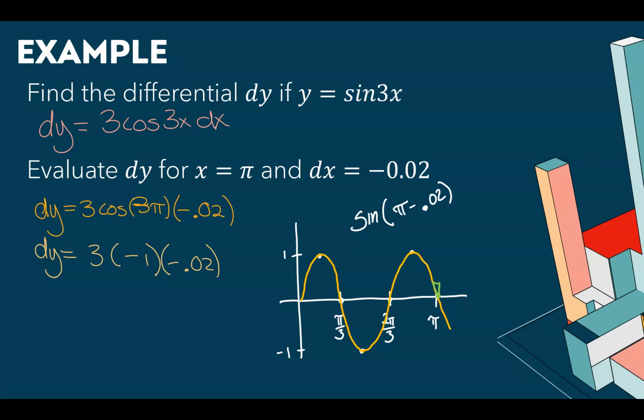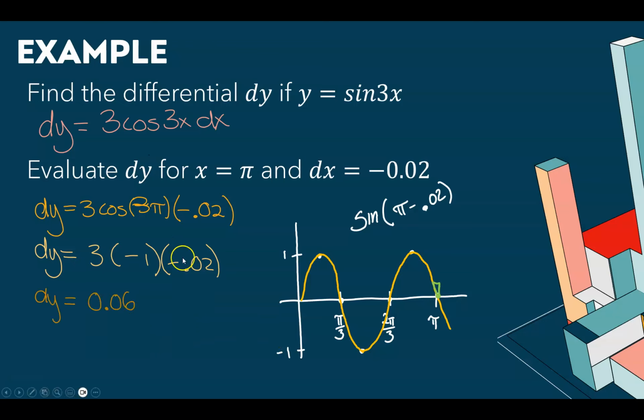Cosine of 3 pi. Is that 0? Oh, my brain isn't working at 5 in the morning. Let's see. Cosine. Oh. I was thinking 3 pi halves. Oh, yeah. Cosine of 3 pi is definitely negative 1. Okay. I feel better now.